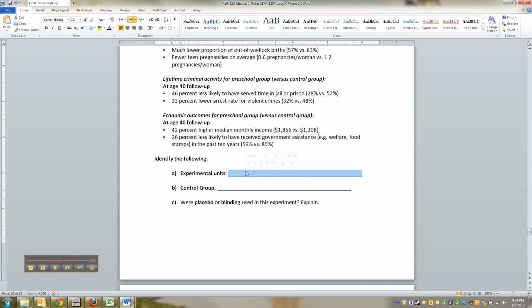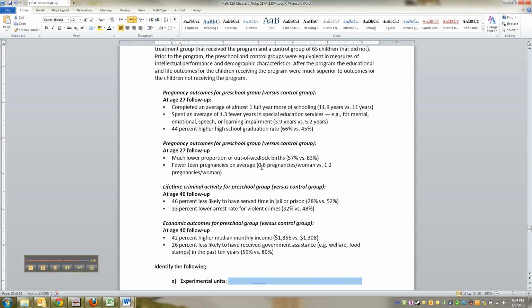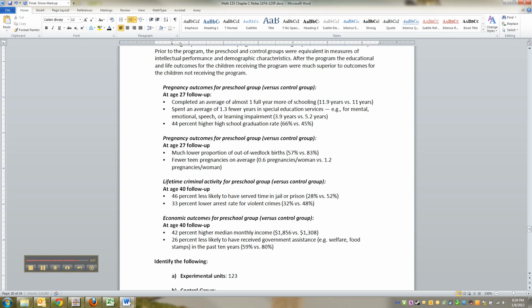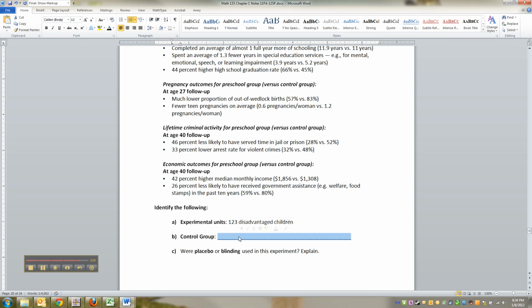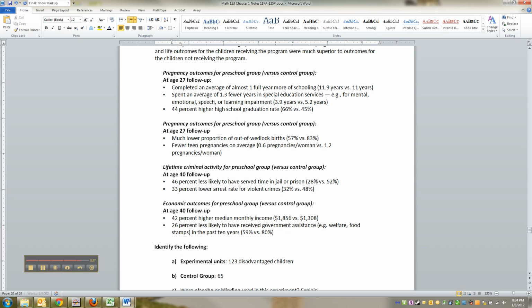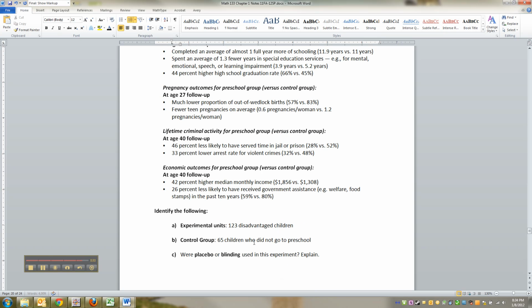So the experimental units are the 123 disadvantaged children. The control group would be the 65 children who did not go to preschool. Was there placebo or blinding?